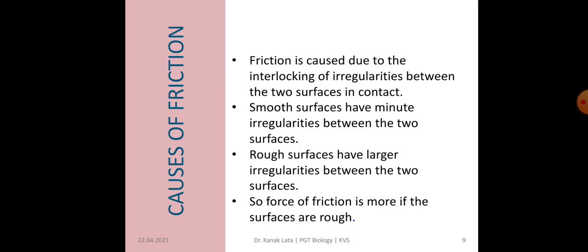Now it is about causes of friction. Friction is due to the interlocking of irregularities between the two objects which are in contact. Those surfaces which appear very smooth have a large number of minute irregularities on them, and irregularities on the two surfaces lock into one another.